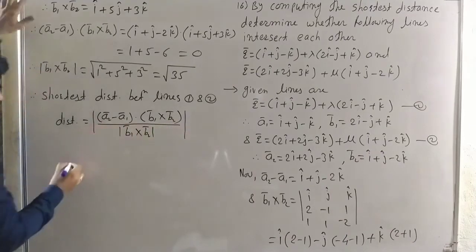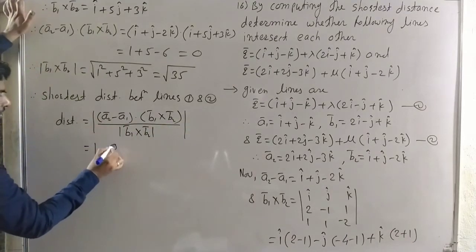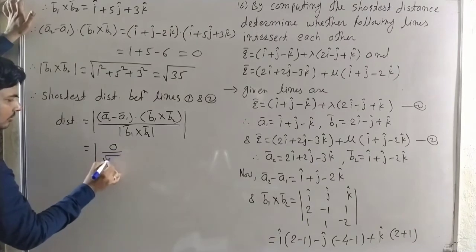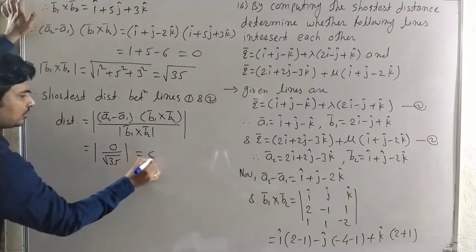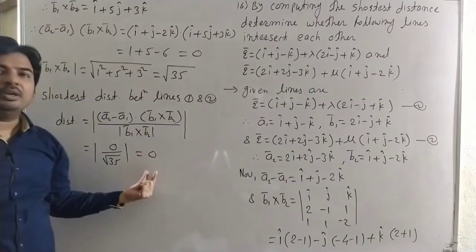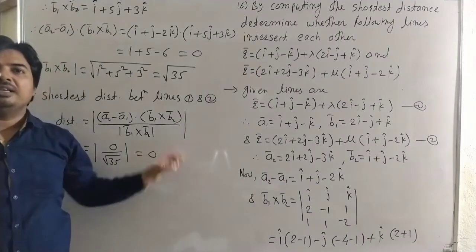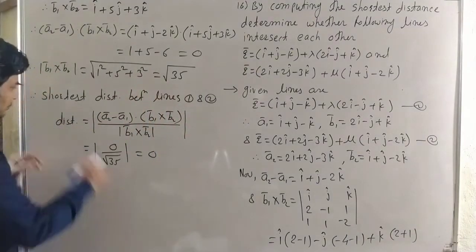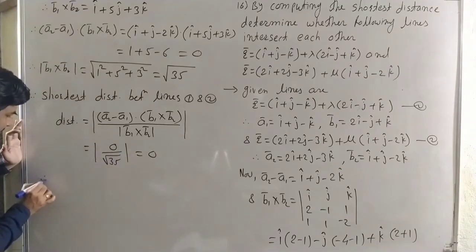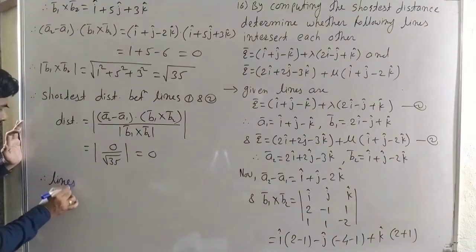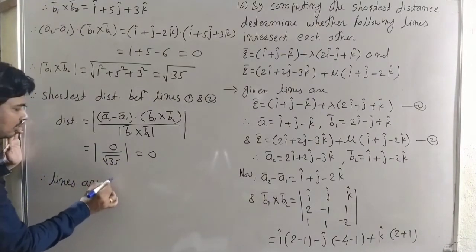See carefully. Then it is 0 upon under root 35, which means 0. The distance between the lines is 0, therefore the lines intersect each other. Distance is equal to 0 and therefore the lines intersect.